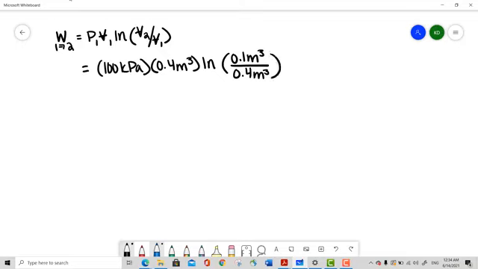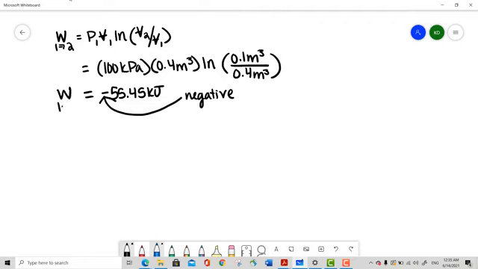Okay, and then when we work all of that, it is negative. What do we know from this negative right here? So what do we know about a negative work, guys?